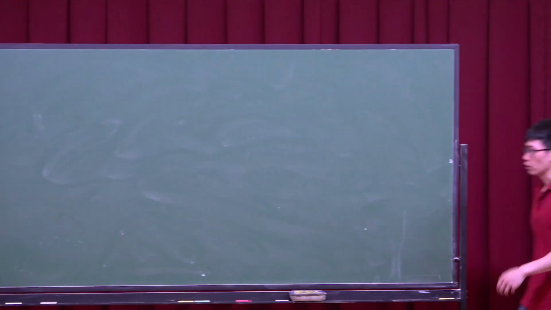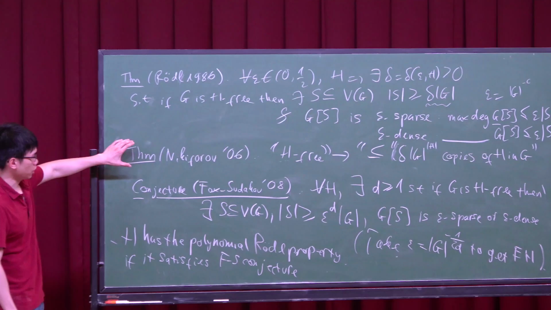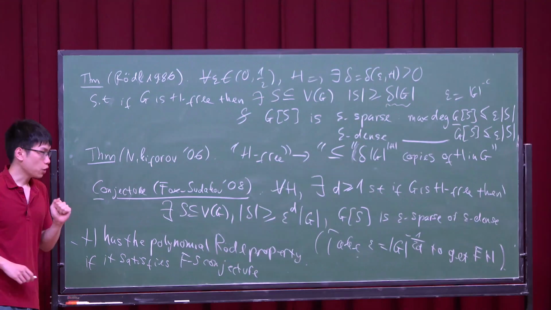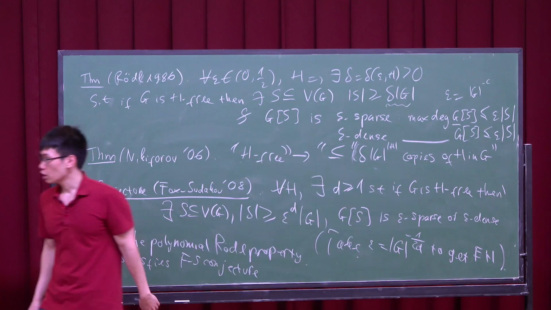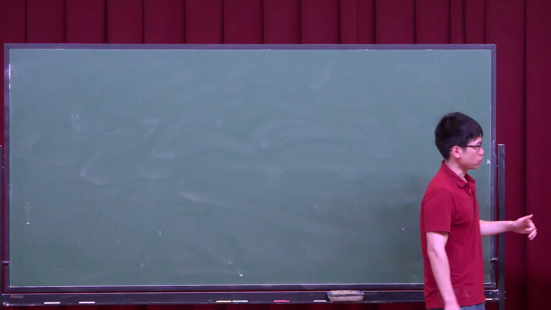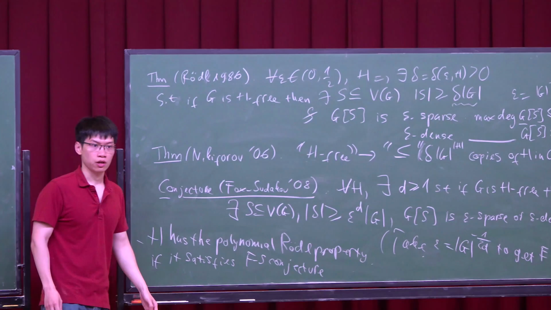But as we discussed, from the regularity proof we can actually recover the theorem of Rödl, which concerns graphs with not too many copies of H instead of H-free completely. So what if we ask for something similar to the polynomial Rödl property, but with not many copies of H instead of H-free?